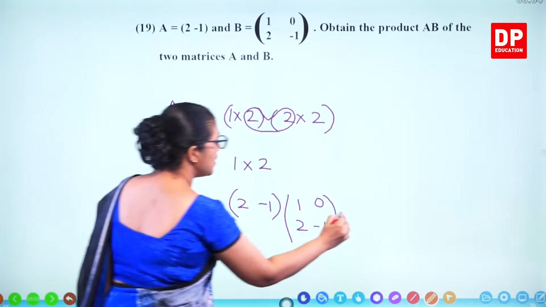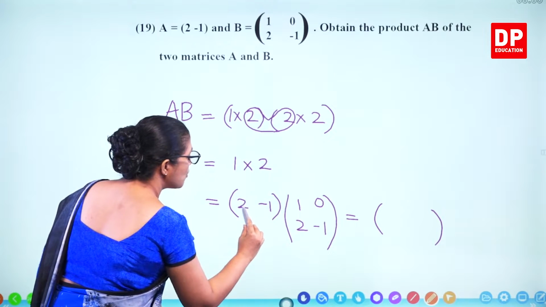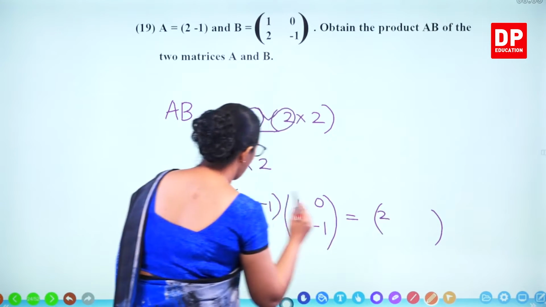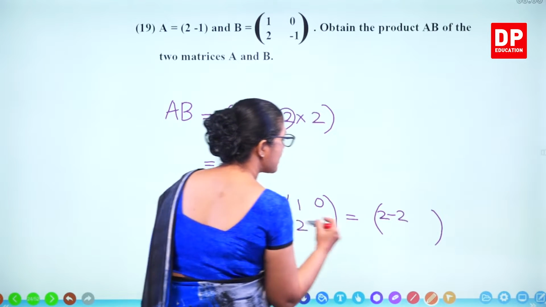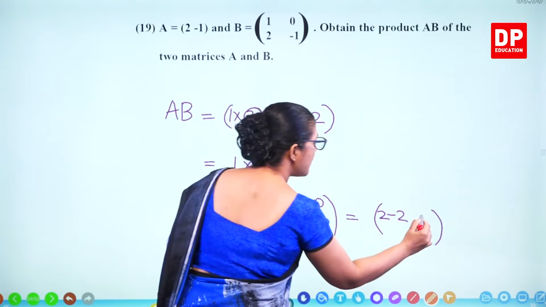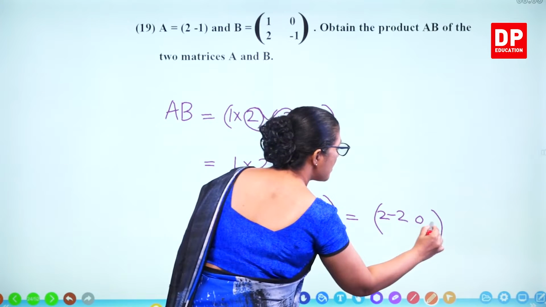So how do you get 2 values here? First row with first column: 2 with 1, that's 2, and minus 1 with 2, minus 2. That's the first value. And the second value: you get 2 with 0, that's 0, and minus 1 with minus 1, plus 1.